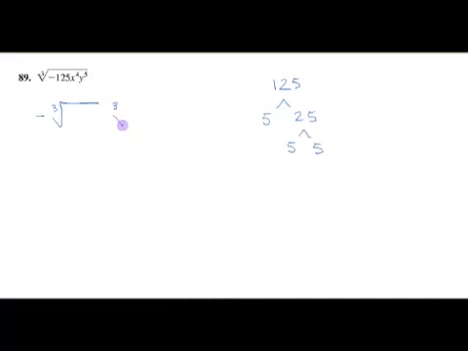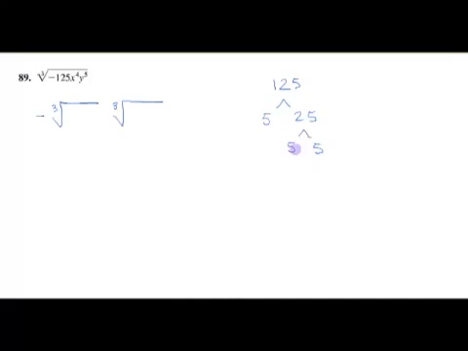Cube root of negative 125, x to the fourth, y to the fifth. Well, my 125 is 5 times 25, and 25 is 5 times 5. So first I know that when I'm taking the cube root of a negative, I'll end up with a negative. And let's break up our radical into a perfect cube root and the leftover cube root.